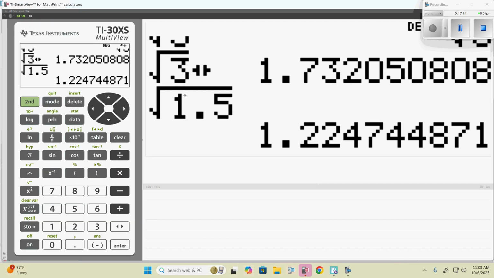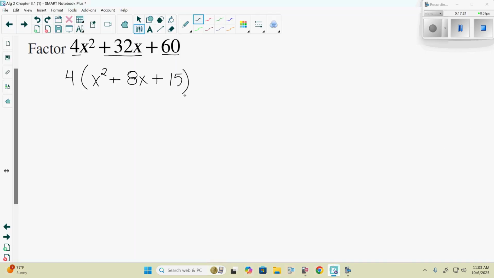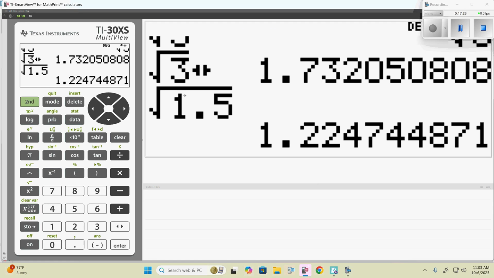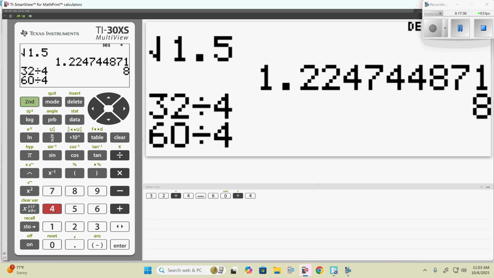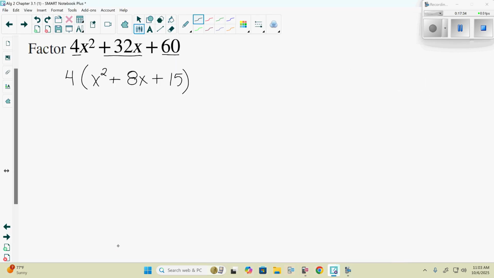Because we could have done this in a calculator, 32 divided by 4, 60 divided by 4, 8 and 15. Because that's all we're doing is just dividing that number by 4. Are there any other greatest common factors left? No.